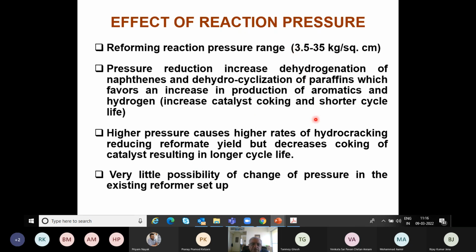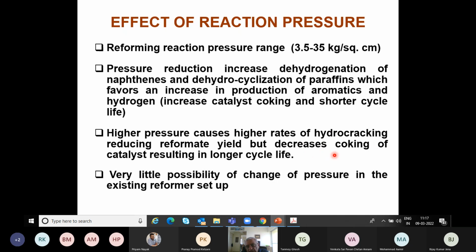And the pressure actually has immense effect on the coking of the catalyst. If you reduce the pressure in the operation, then there is more coke deposition on the catalyst, because higher pressure actually promotes hydrocracking. And hydrocracking reduces the reformate yield, but it decreases the coking of the catalyst.